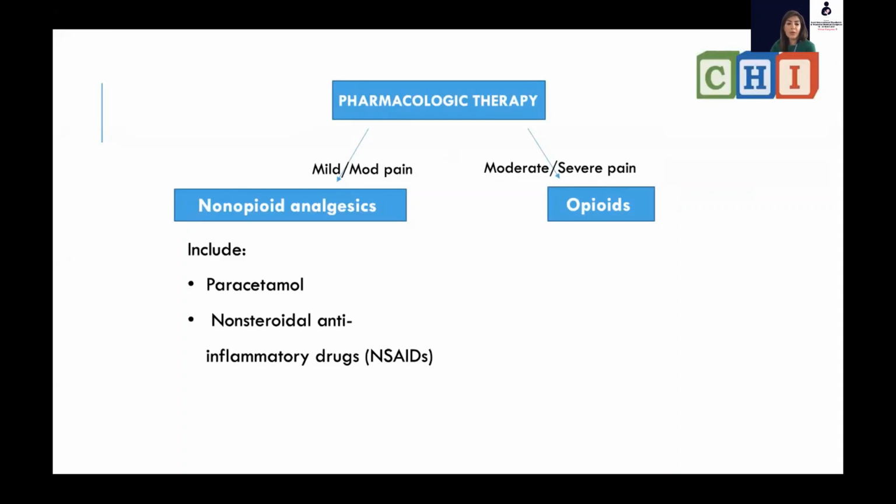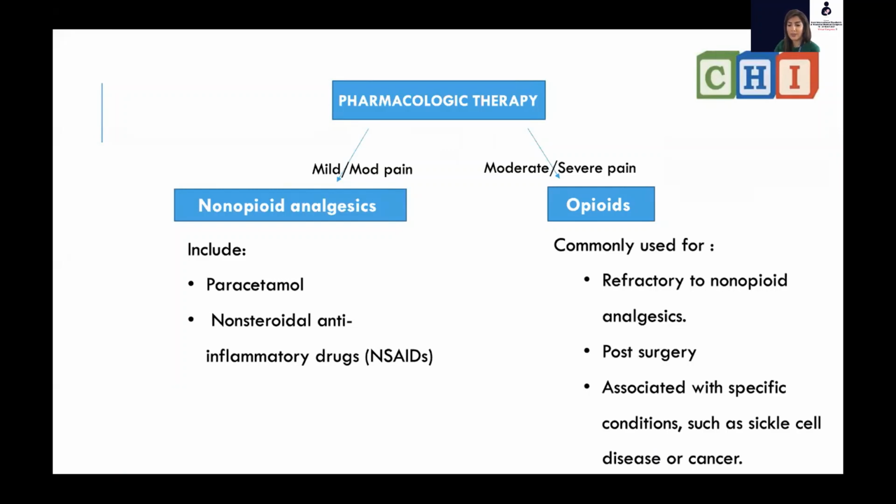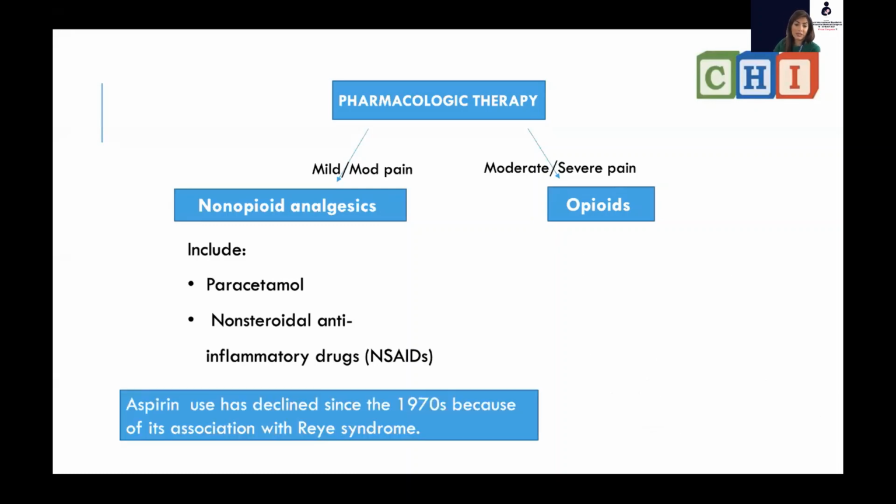In non-opioid analgesia, the two most common drugs used everywhere in the world are paracetamol and non-steroidal anti-inflammatory drugs. For opioids, keep in mind that we always prefer oral routes, and they are used after refractory non-opioid analgesia and in specific conditions like sickle cell disease, cancer, and post-surgery.